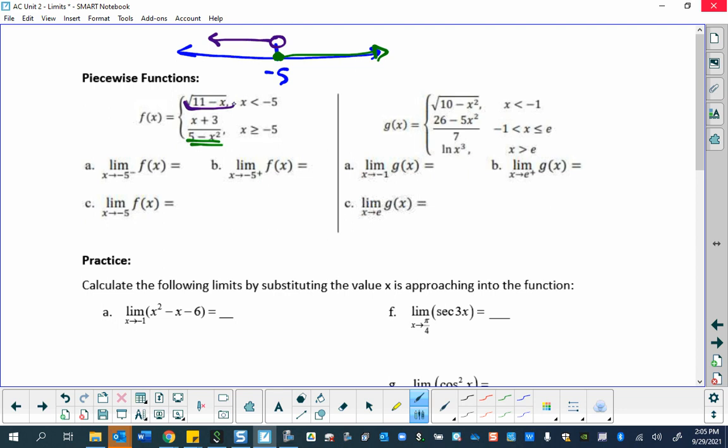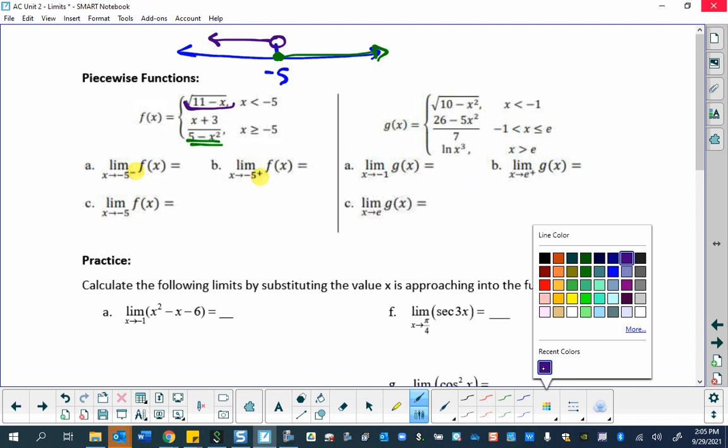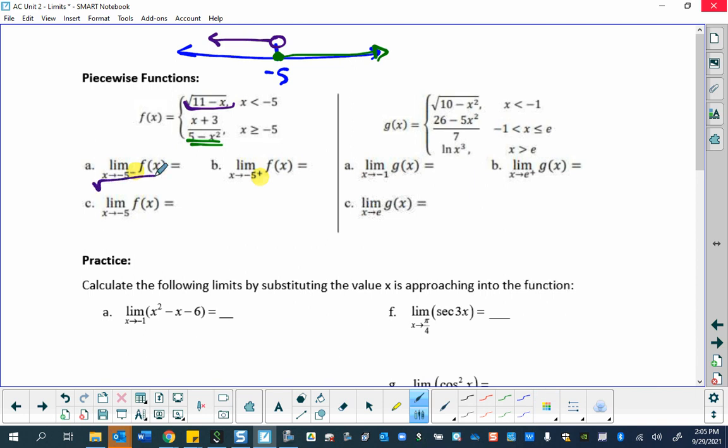Okay, so what we have to pay attention to is where each of these limits are coming from. And notice I'm back to having limits from the negative or the positive side. So as x approaches -5 from the negative, I'm going to be using my function, the square root of 11 minus, and it's going to be that input value.